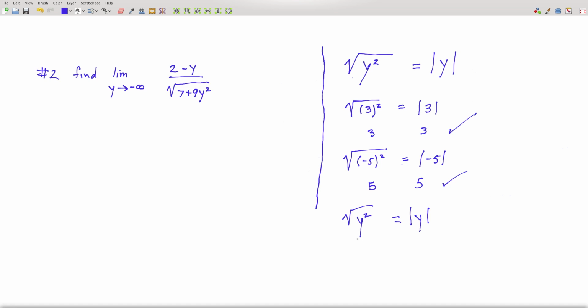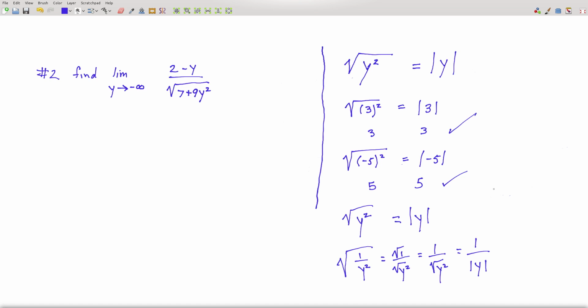If the square root of y squared is the absolute value of y, then the square root of 1 over y squared is equal to the square root of 1 over the square root of y squared, and the square root of 1 is 1, so this is 1 over the square root of y squared, which is 1 over the absolute value of y. We're going to be using this in order to simplify this problem.